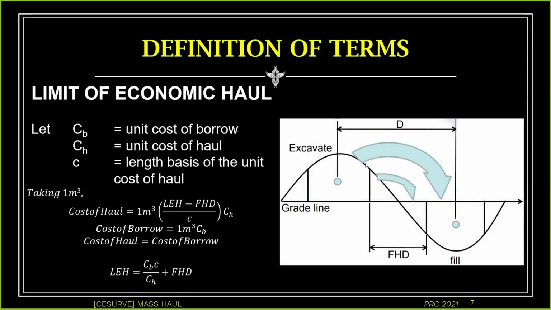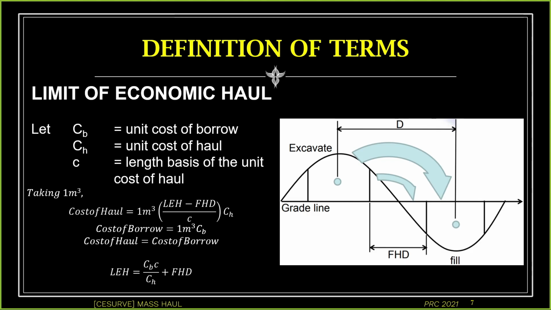So, for us to determine the limit of the economic haul, these are our parameters. C sub B is the unit cost of the borrow, take note, the unit cost, meaning how much it costs to buy soil per cubic meter.